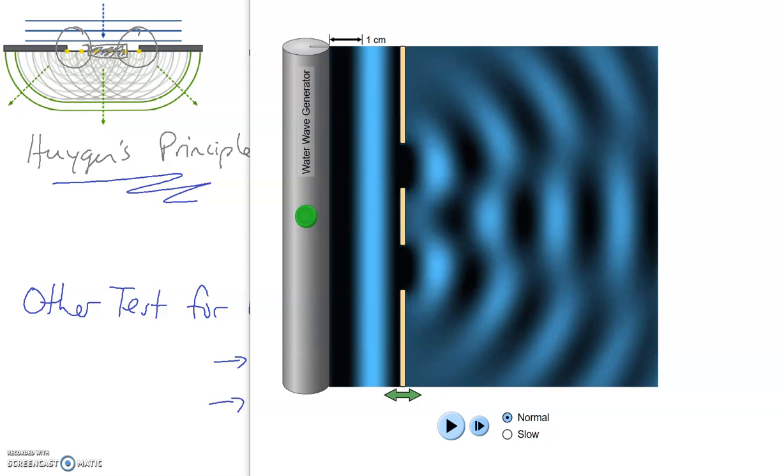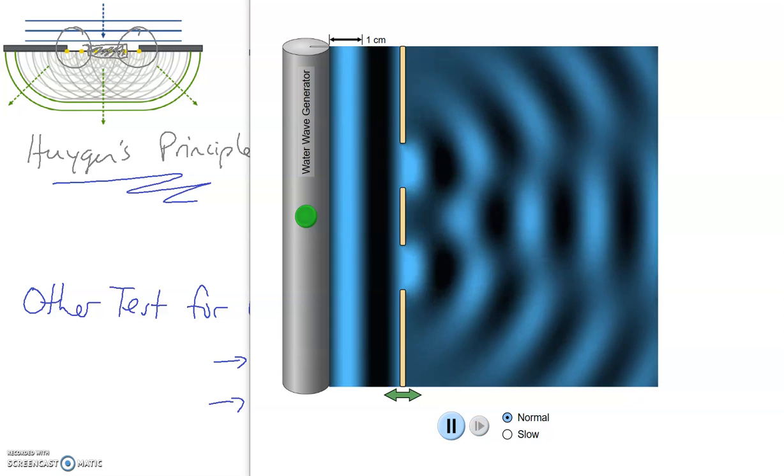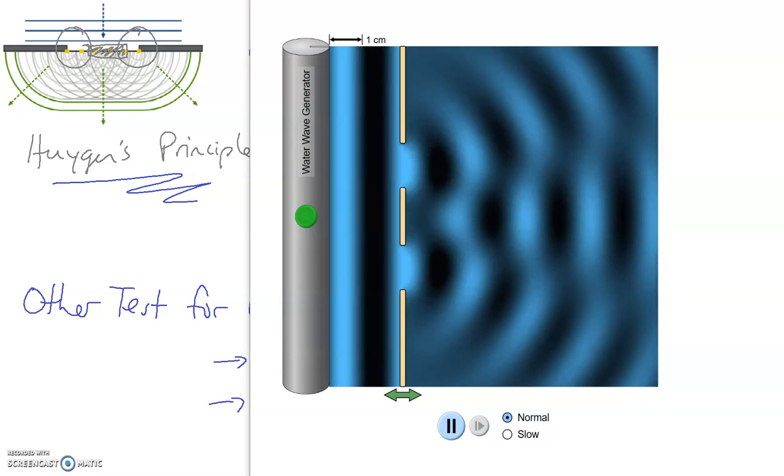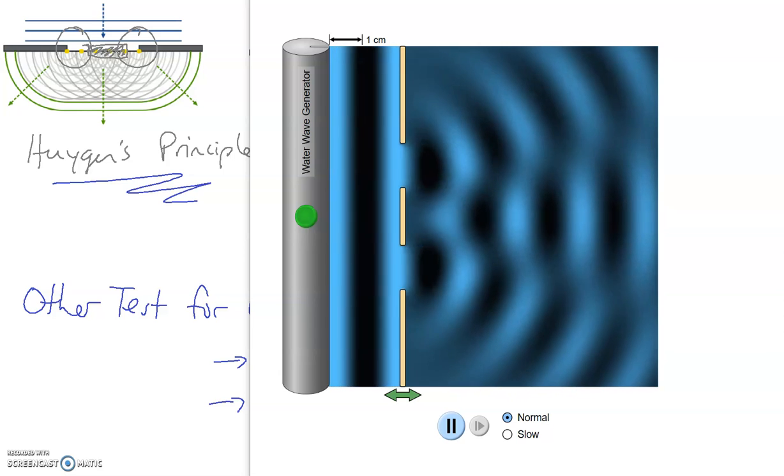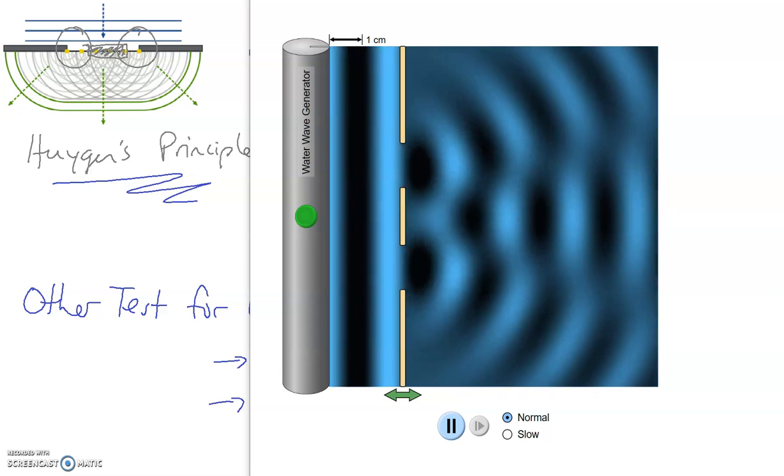So it doesn't make any difference if you use two sources or use one source and turn it into two sources using Huygens' principle, which really showed that Huygens' principle actually had some basis to it. So the idea is, take one light source, put it through here, make two identical light sources out of it, and get the interference pattern, something like that, and see if you could analyze it.